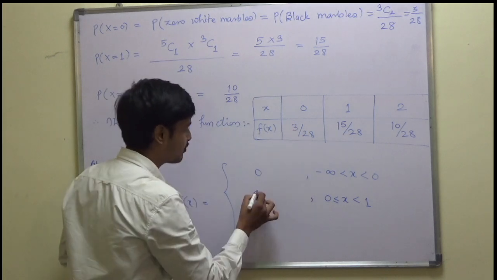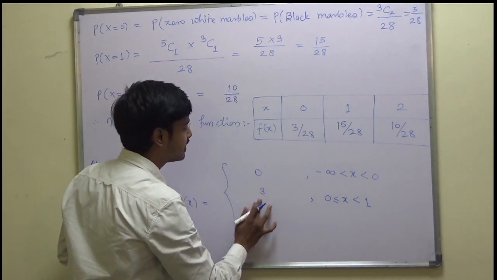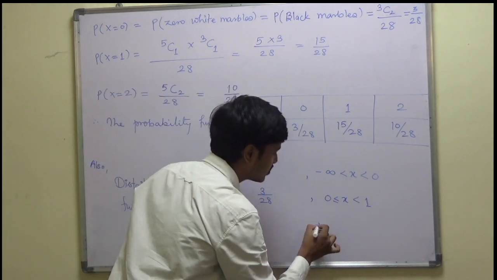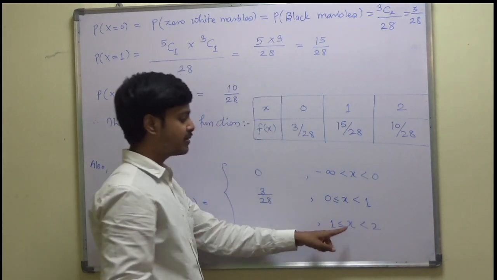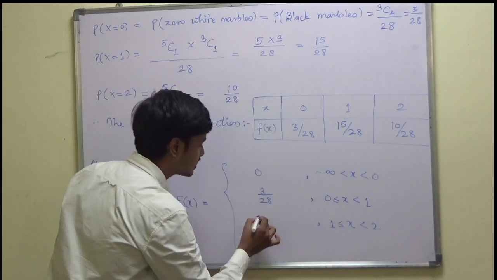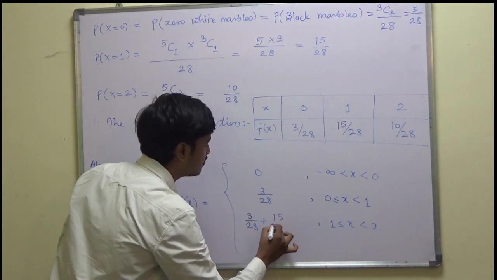For this we have probability 3 by 28. Next it should be 1 less than or equal to x less than 2. What is the probability here? This is 3 by 28 plus 15 by 28.